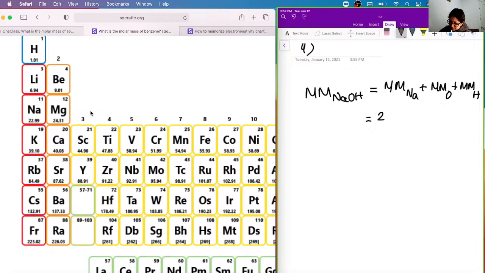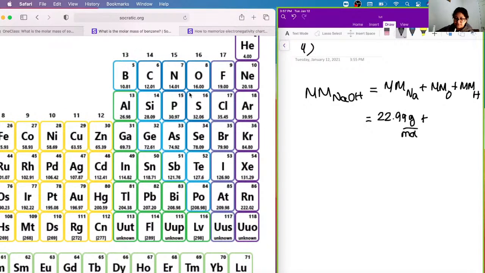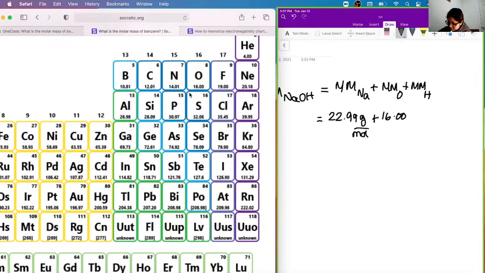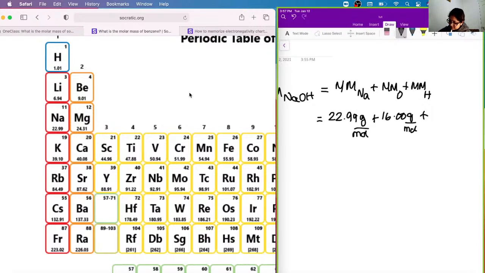So we have 22.99 grams per mole, plus the molar mass of oxygen, which is 16.00 grams per mole, plus hydrogen, the molar mass of hydrogen, which is 1.0 grams per mole.